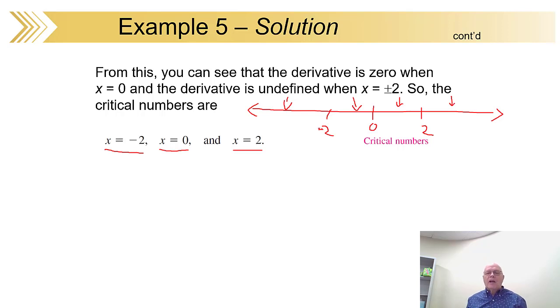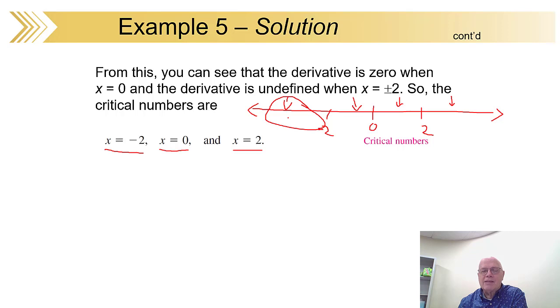Next, it gets real easy here. All you have to do is pick some number in here, any number at all. -3 if that's your favorite number. Put that negative number into the derivative and see whether it's positive or negative.